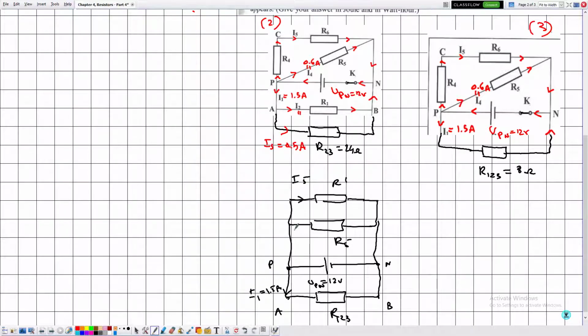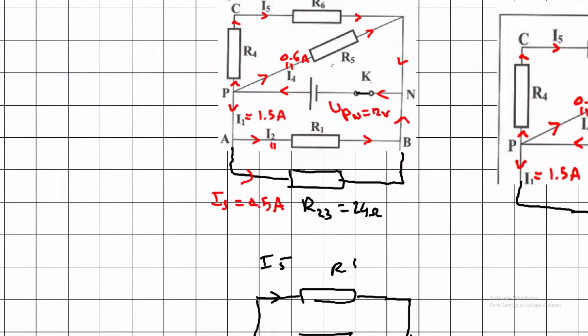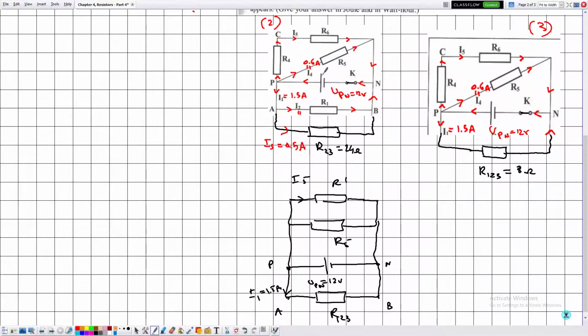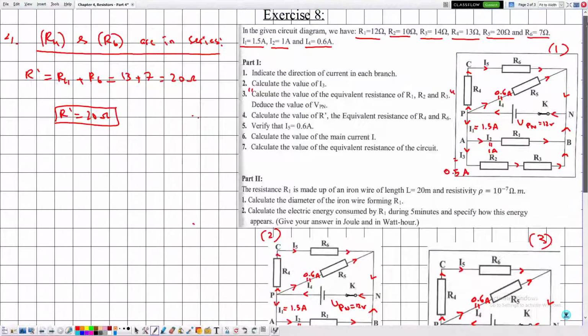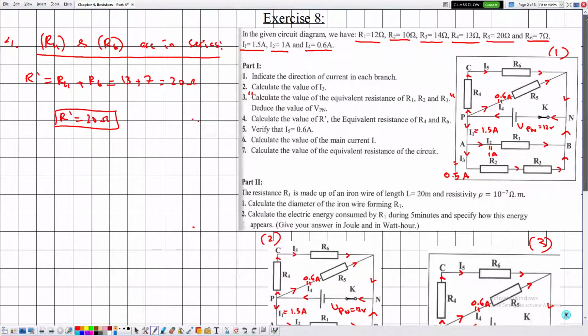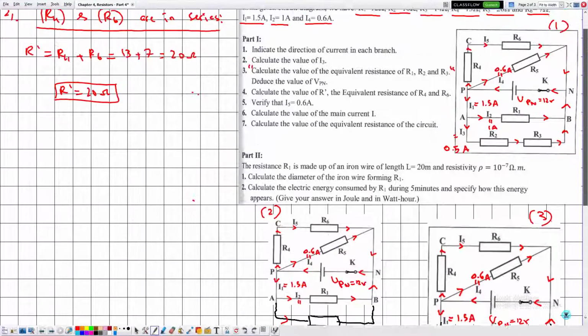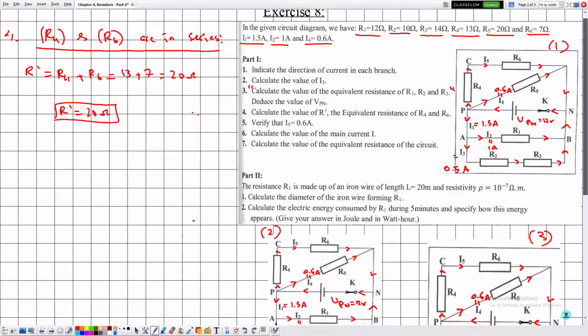Okay, and here we have the current traversing R5. So the current I4 here is the one traversing R4 and not R5.